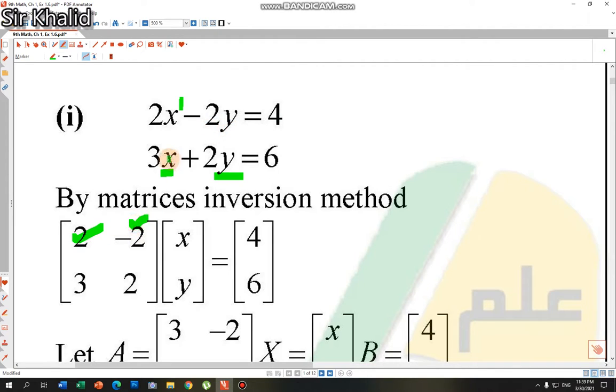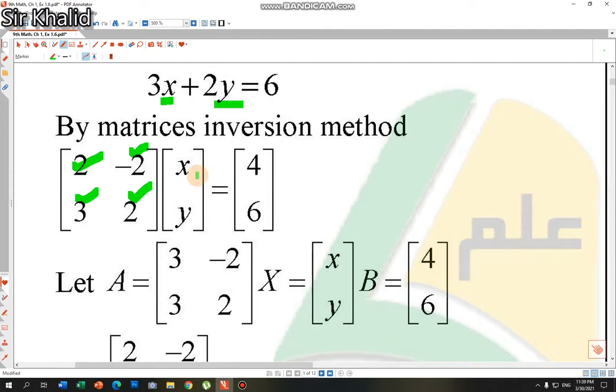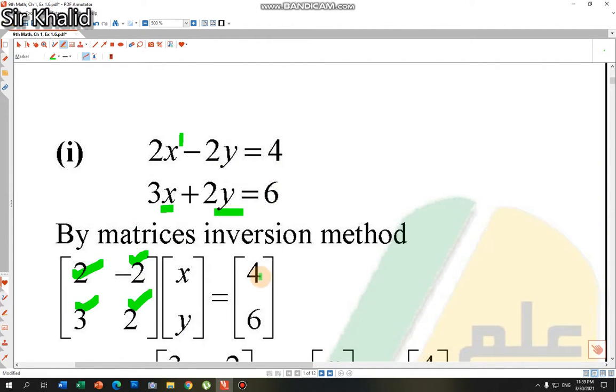Here the coefficient of x is 3, the coefficient of y is 2. Now the two variables involved in this system of linear equations are x and y. So transform this into matrix form: x and y is equal to 4 and 6, like this.